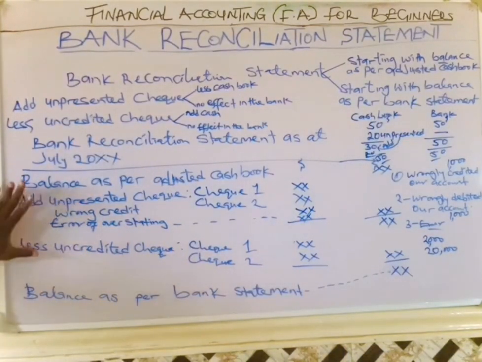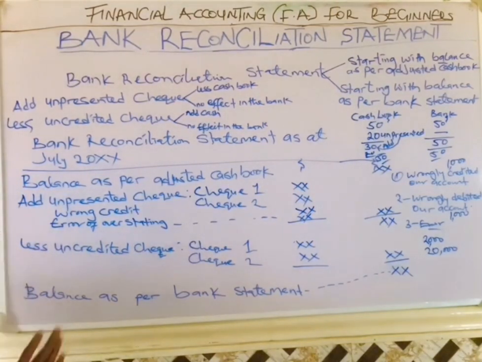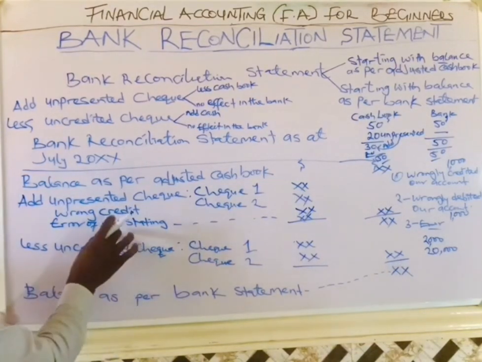This is a standard format of bank reconciliation statement, starting with the adjusted cash book. We come down to the next item, which is uncredited check, and is the opposite of this.